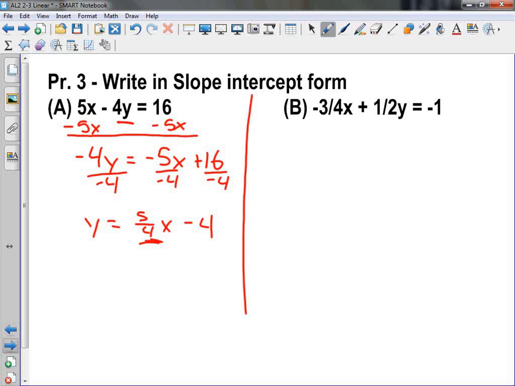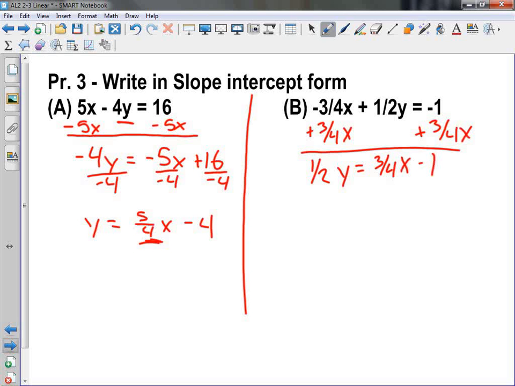All right, over on this other side, what do we want to do first? Take away what? So that's the same thing as adding 3/4. All right, so we get a half of y is equal to, does it matter if I put the x first, Ephraim? No. Doesn't matter, but I will because it looks better to me.